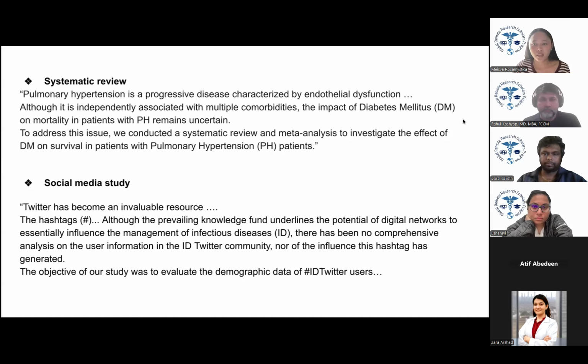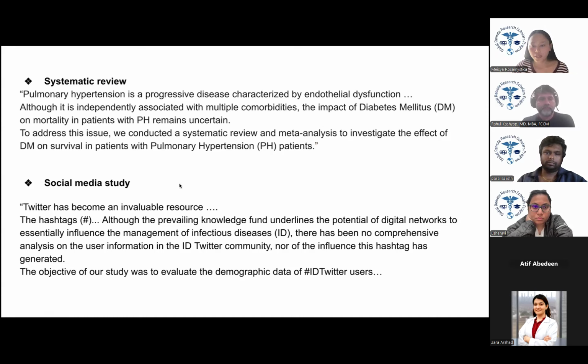If you can see, it says that independently associated multiple comorbidities, the impact of diabetes mellitus on mortality in patients with pulmonary hypertension remains uncertain. And then they proceed by talking about what they did to fix the knowledge gap. So in 3 sentences, they basically describe their whole introduction section.